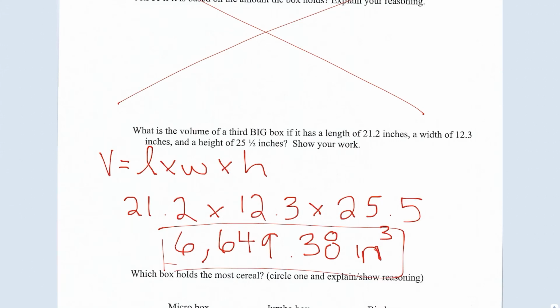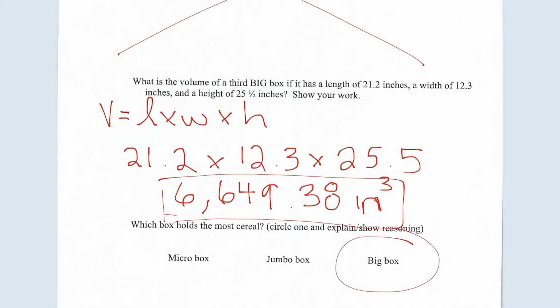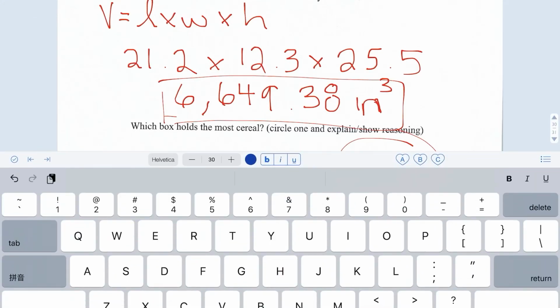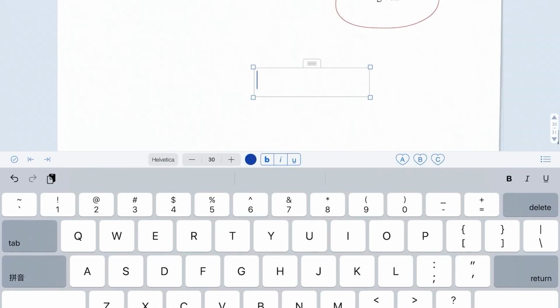Okay, last question. Which box holds the most cereal? Well, you guys are probably thinking, the larger the number, the larger the cereal. So we have our big box, and then a perfect explanation would just be to say, here, let me move this up a little bit.